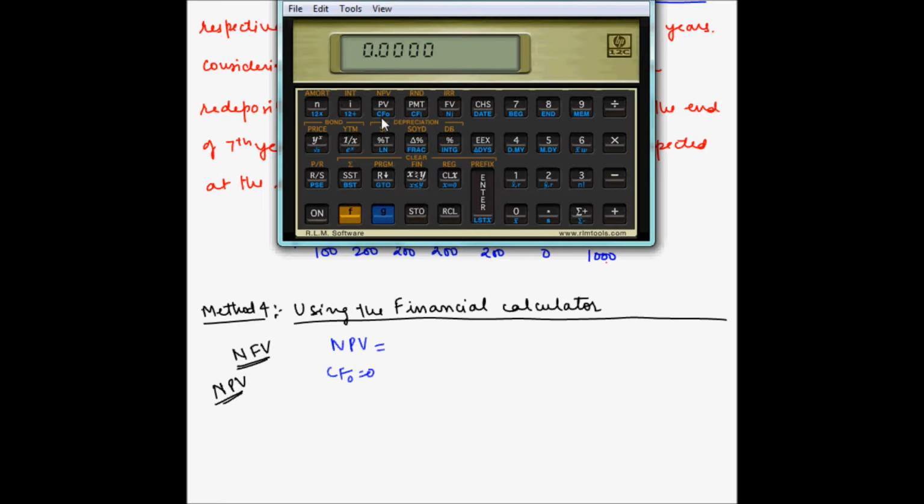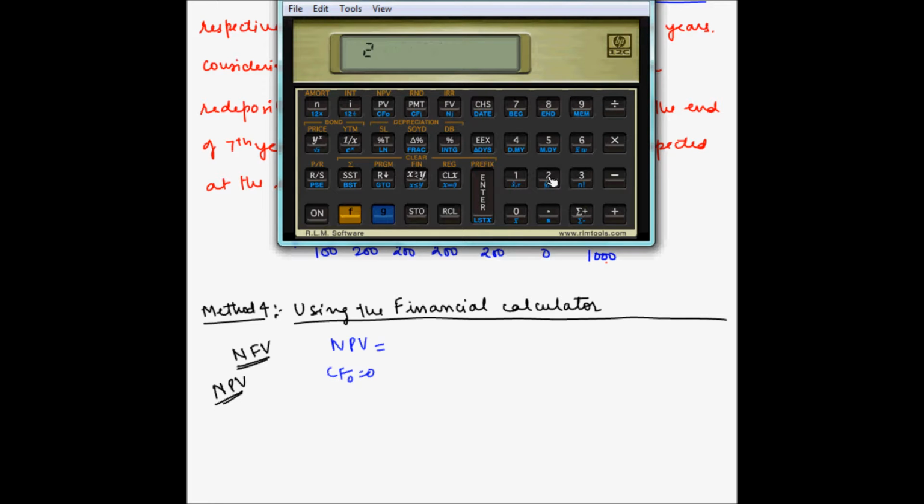Now CF0 and CFJ are mentioned here, which is enabled by pressing this blue button. So first we have to enter the value. So let's say 0, and then we have to let the calculator know that this is the value for CF0. Next is 100, and then this is CFJ.